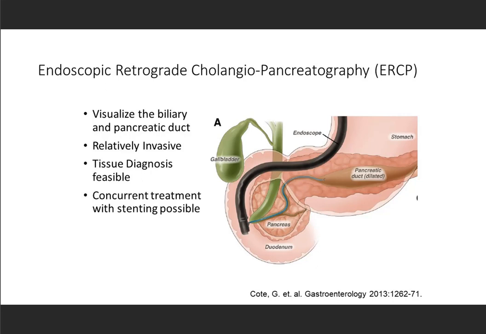Similarly, if we thought that there was a stricture in the pancreas that was causing some patient's symptoms like abdominal pain, or a stone that needed to be removed, that would be a therapeutic intent. But we don't typically do this just to take a look and see the ducts because MRI and MRCP has essentially replaced ERCP as a diagnostic instrument. And so we are limiting its use to specific therapeutic purposes.